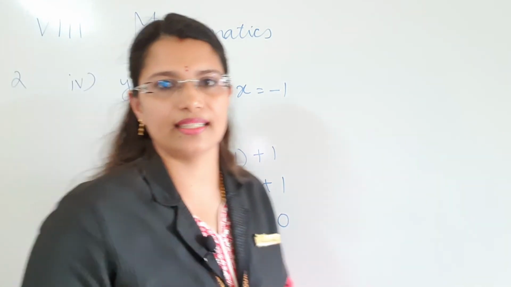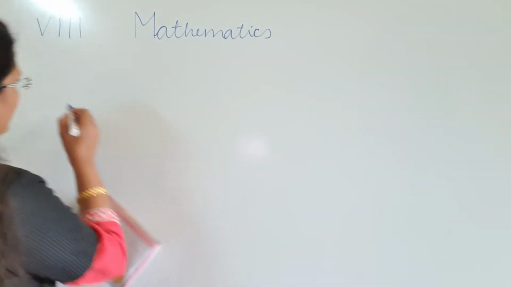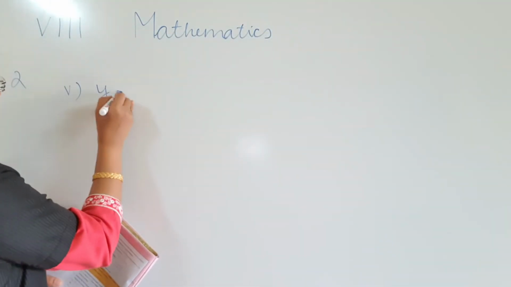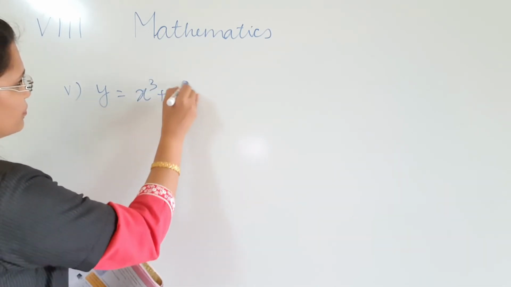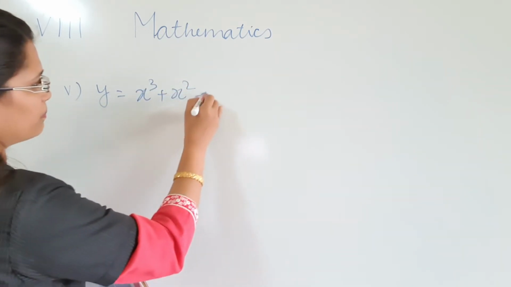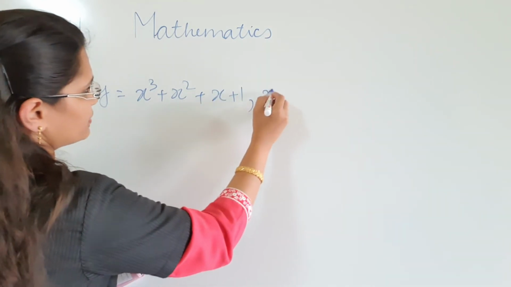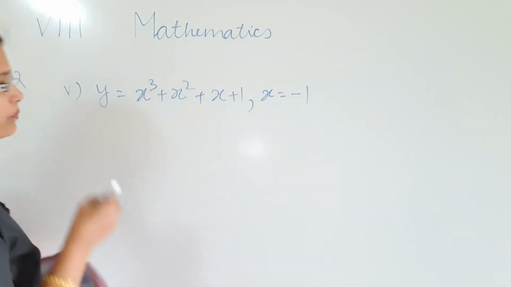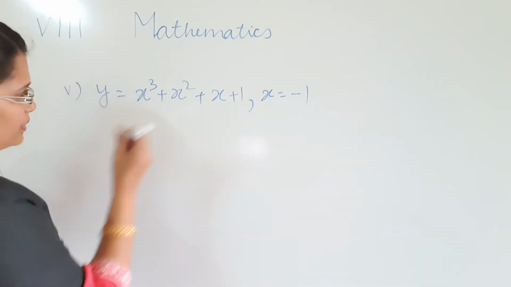Is this clear, children? Then children, fifth question, y is equal to x cube plus x square plus x plus 1, x is equal to minus 1. Here also we have to substitute x equal to minus 1 everywhere.